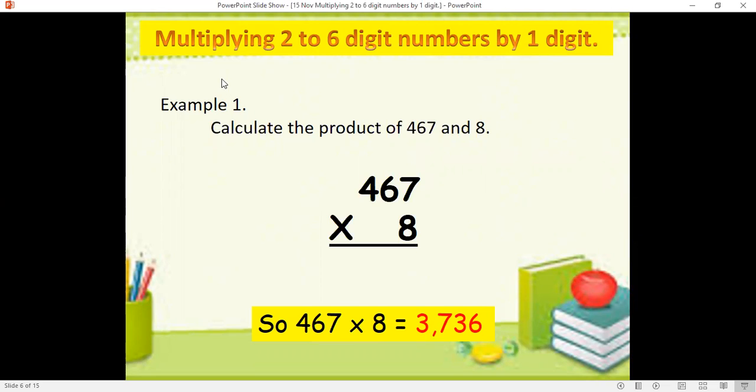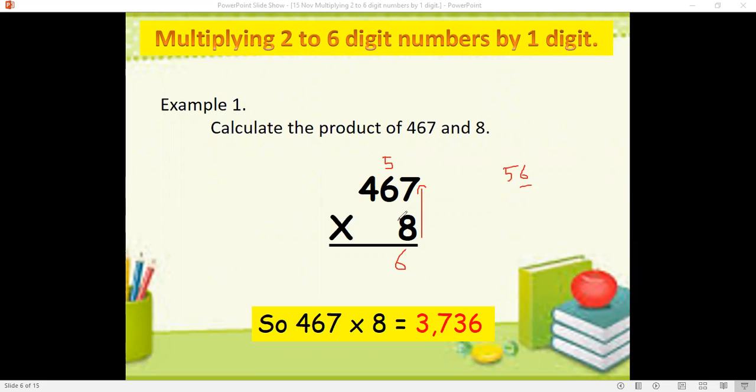How did we do that? As I said a while ago, you're going to multiply first 8 times 7, which is 56, correct? So we are going to write 6 below and 5 in the tens above the digit in the tens place.